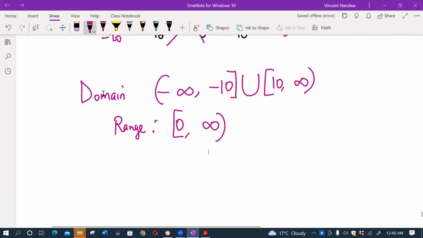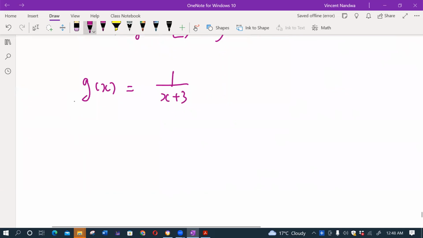The next function was g of x given by 1 over x plus 3. The first thing is the domain. This being a fractional or rational function, we don't expect to get a 0 in the denominator.